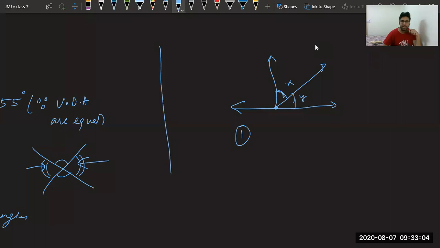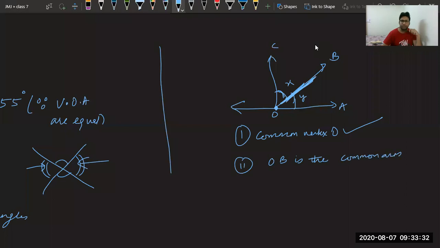You can see angle X and angle Y both have a common vertex O. First property is clear. Second property is they should have a common arm. And Kritika, you can see this OB is the common arm for both the angles.